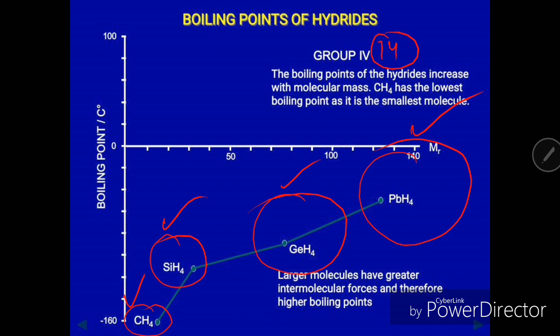As the central atom, that is carbon, silicon, germanium, lead, increases in size in the hydrides, the overall molecular size and surface area will increase, so the dispersion force strength will increase, and therefore the boiling point will increase. So the least boiling point is for methane and the highest for PbH4.